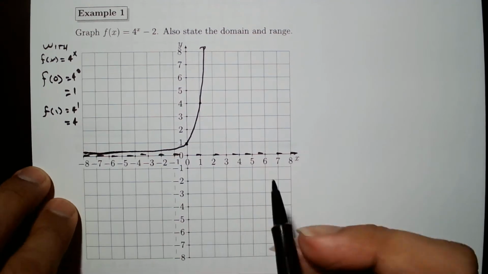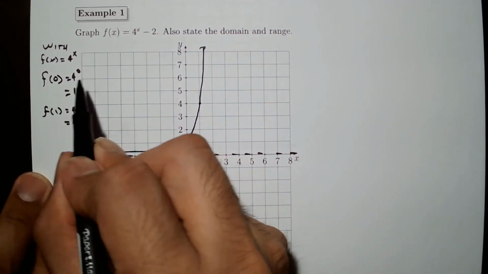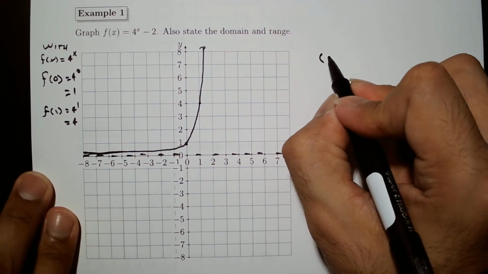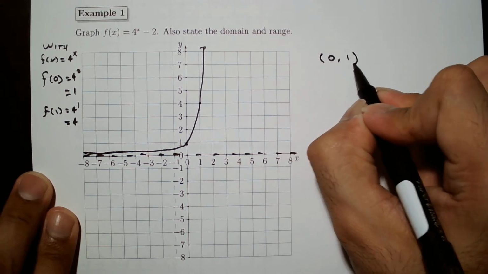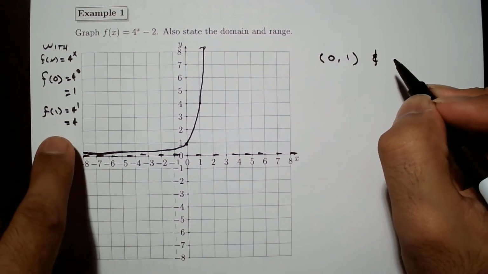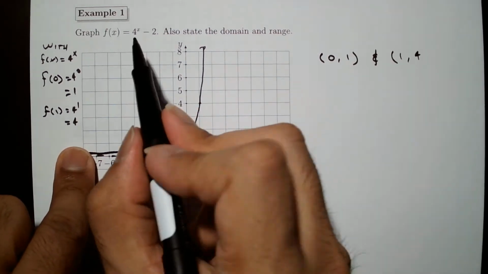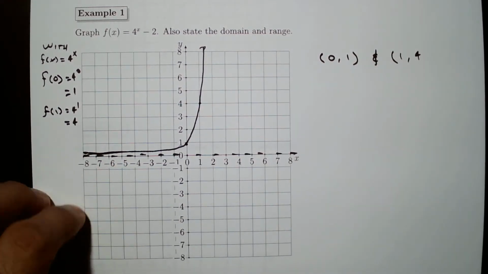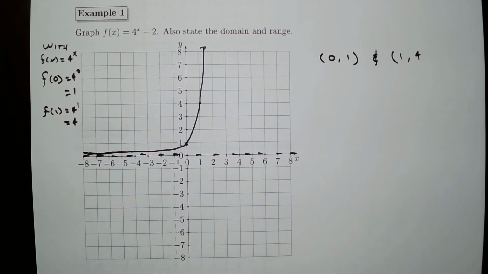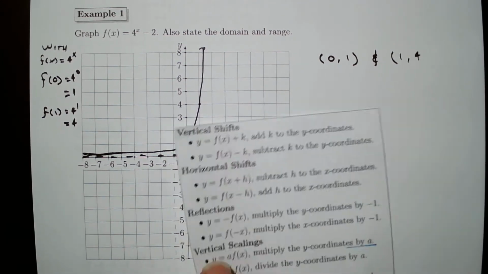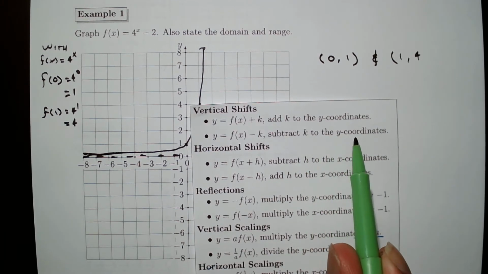Now, notice we have 2 points to work with, the point 0, 1 and the point 1, 4. This negative 2 is going to shift 2 units down. In other words, we are going to subtract k from the y coordinate.